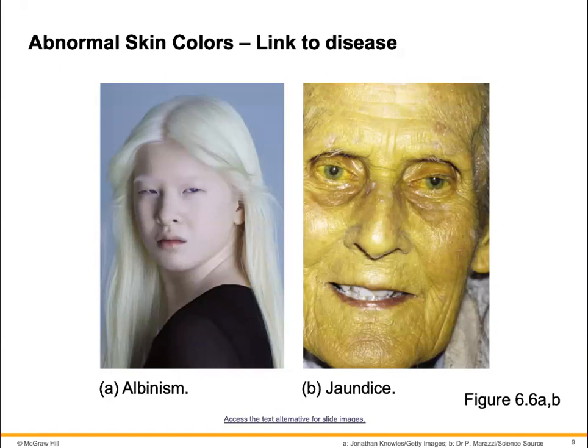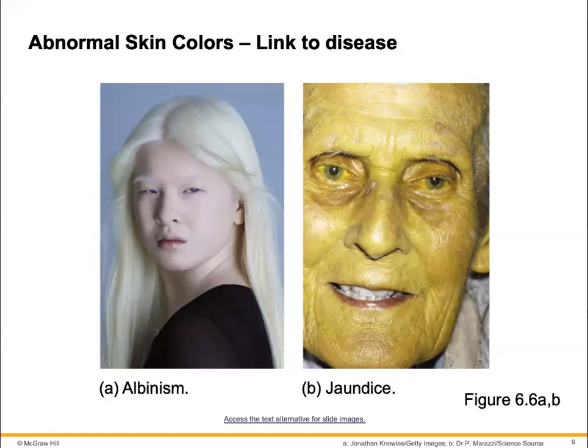There's also pallor, when your skin gets completely pale and it's due to a decrease of blood flow to that area. A lot of people exhibit pallor when they're about to get sick. There's like this drainage of blood from the face and you can visibly see that.